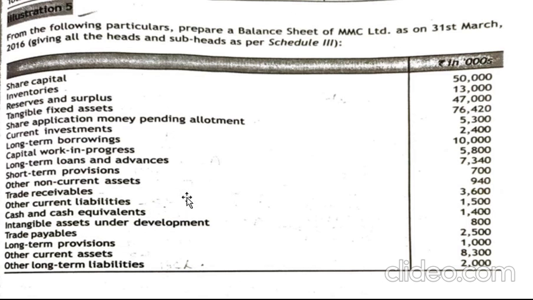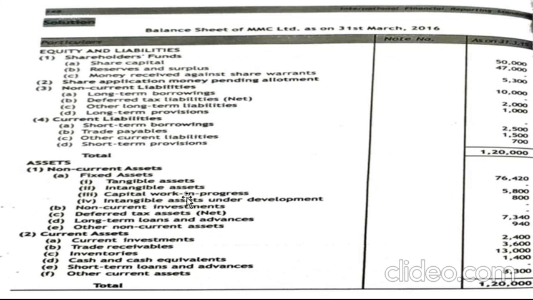Next, according to the format, we have intangible assets under development. There are two classifications under fixed assets: intangible assets as well as intangible assets under development. In the question they have given us intangible assets under development, so we have written it in the solution, which is 800.